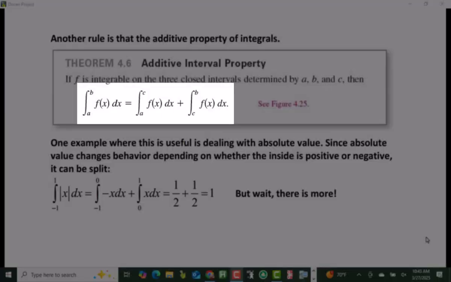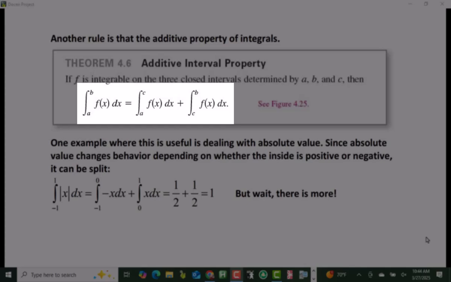I can split that into the integral from A to C and add that to the integral from C to B. What are they assuming? C's in between A and B. They're just saying, go from the left end point to some point in between on the interval, and then go from that in between point to the right end of the interval. That makes a good amount of sense. It does. It really does.